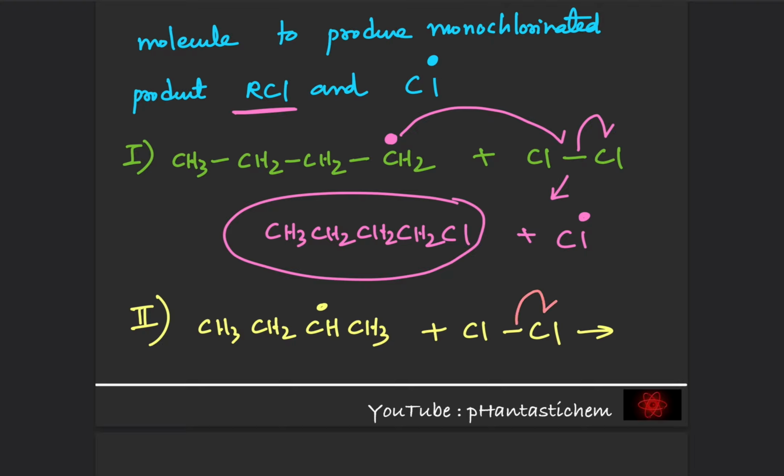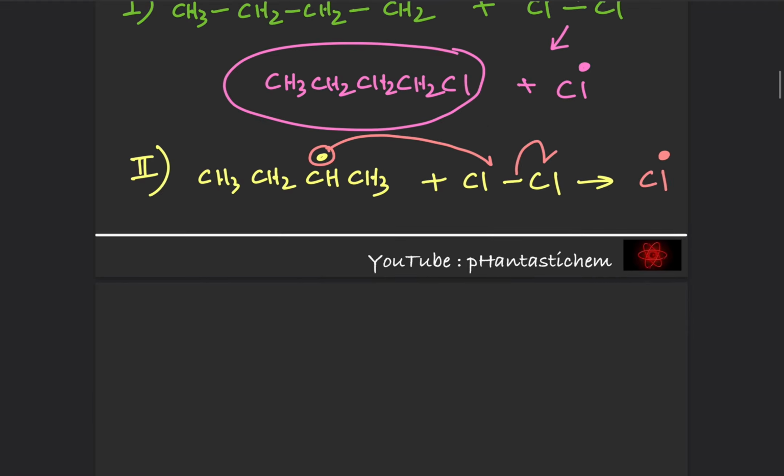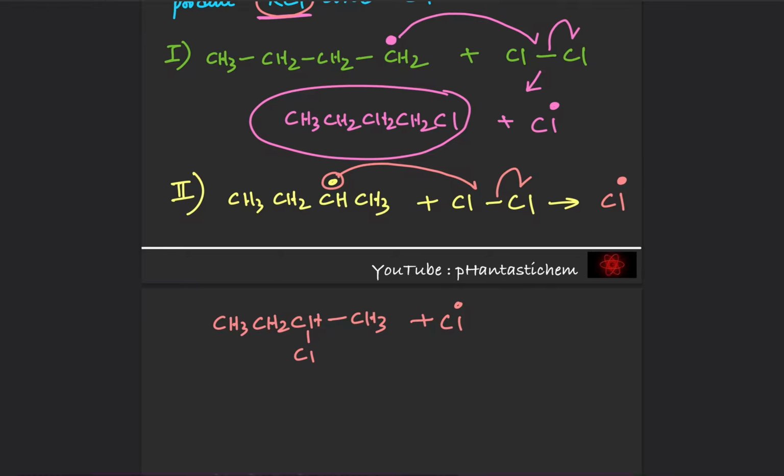Cl will take one electron to form a Cl radical, and this radical will combine with this Cl radical to give us the product RCl. Okay, and our answer will be CH3, CH2, CH, Cl, CH3 plus Cl radical. So whenever we do the monochlorination of n-butane, we get two products. This is the one product possible, this is the other product possible.